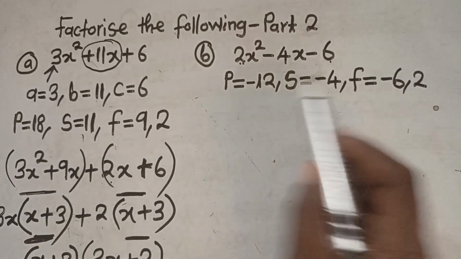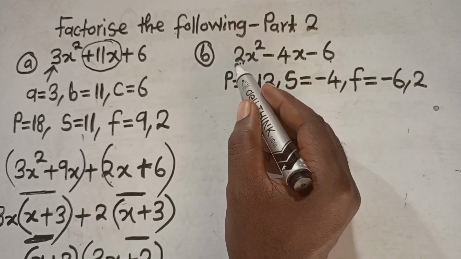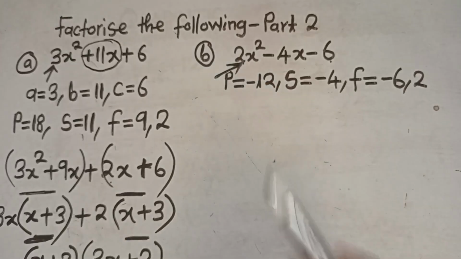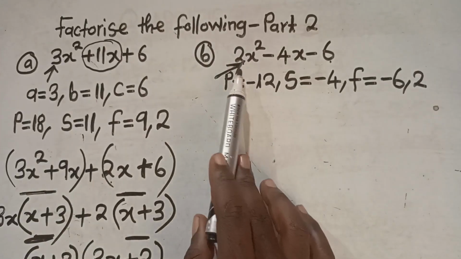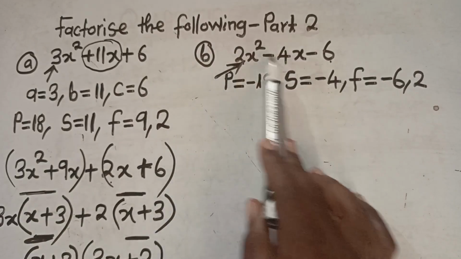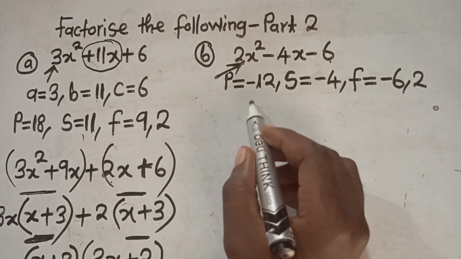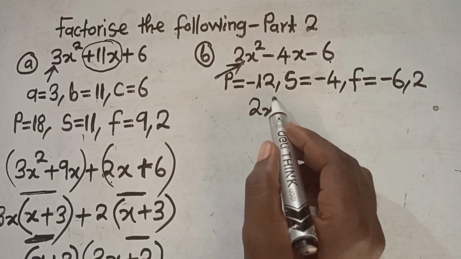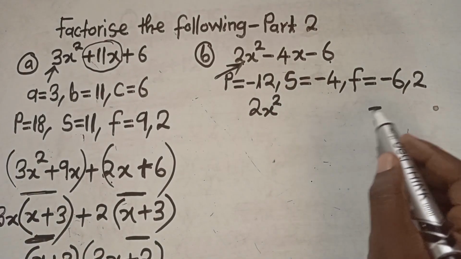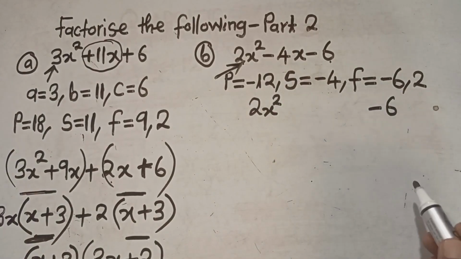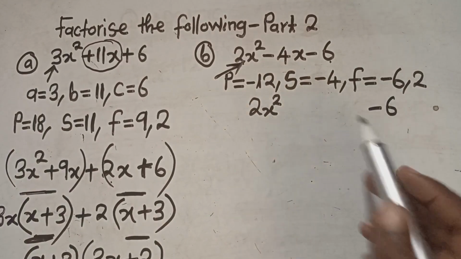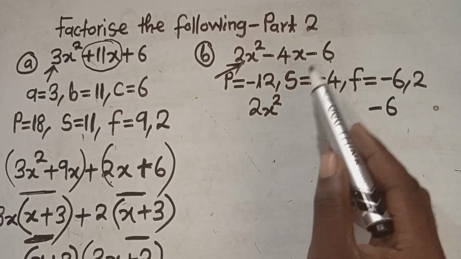Since the coefficient is not 1, unlike in part 1 where the coefficient was 1, here the coefficient is 2. So we remove that part. Then we factorize. So that is 2x squared. Then I've got -6 at the end. What I'm doing here is putting these ones in this gap.